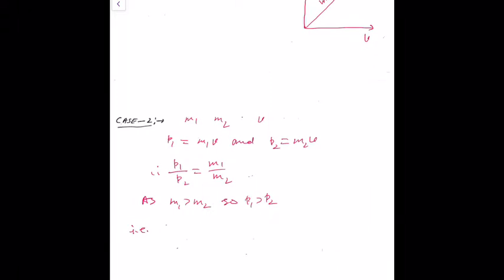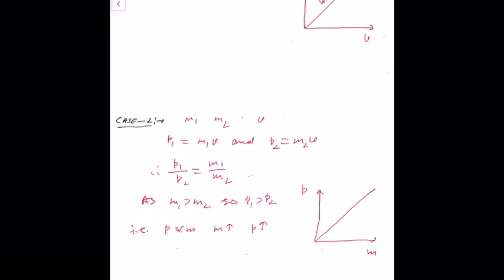Thus, the linear momenta of bodies having equal velocities are proportional to their masses. That is, p is proportional to m, so that if m increases, then p increases.